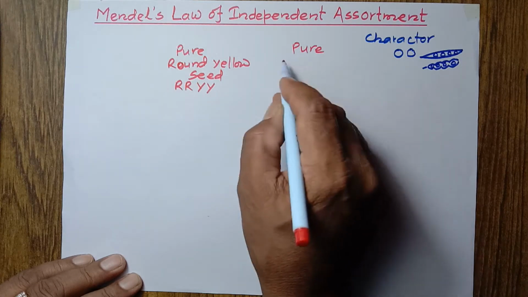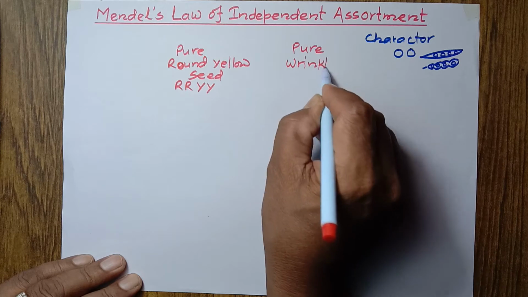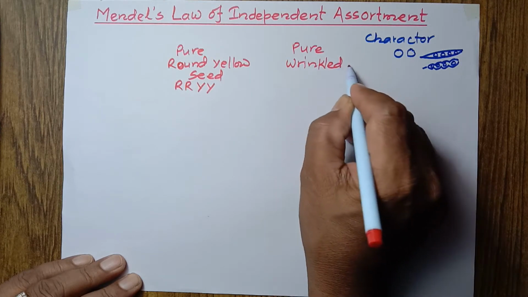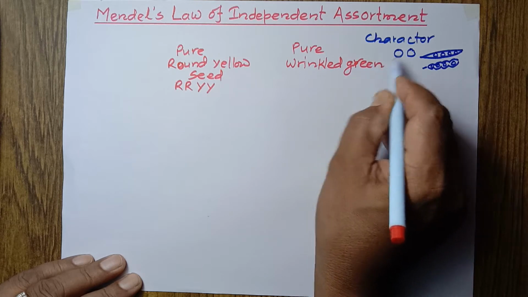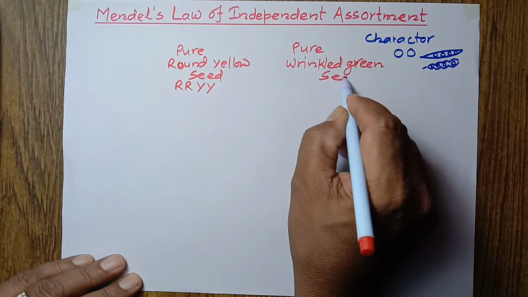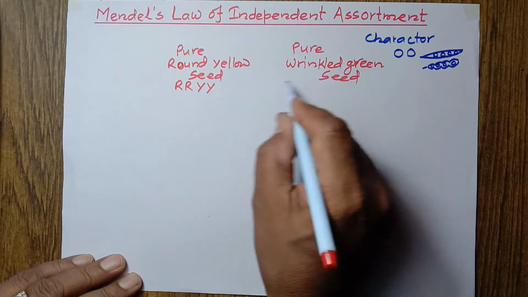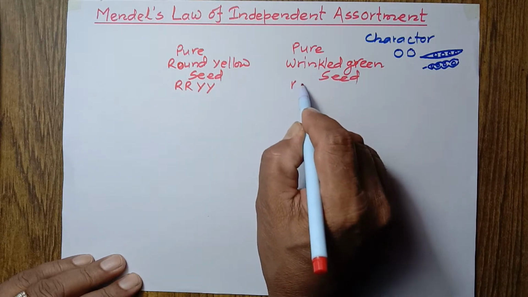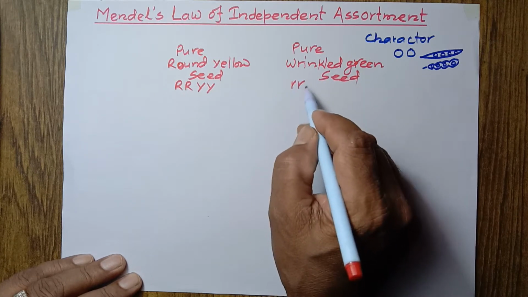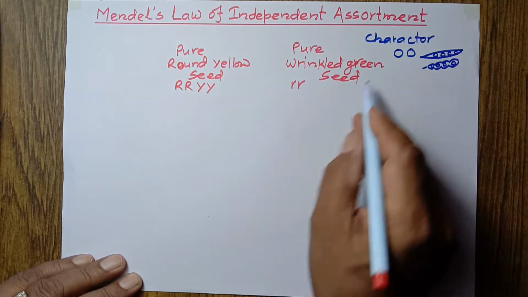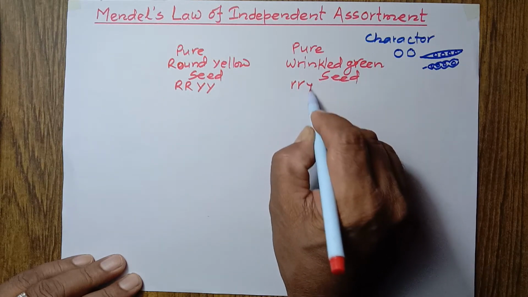The other he took was pure wrinkled, but the seeds are green in color. And its gene must be like this. Round is capital R, wrinkled means small r, and pure wrinkled means both genes have the character of being wrinkled, small r, small r. And green means, if yellow is the dominant character, green is the recessive character.